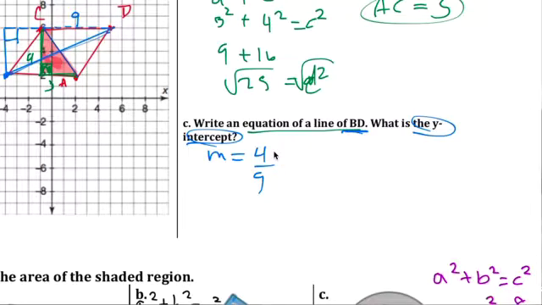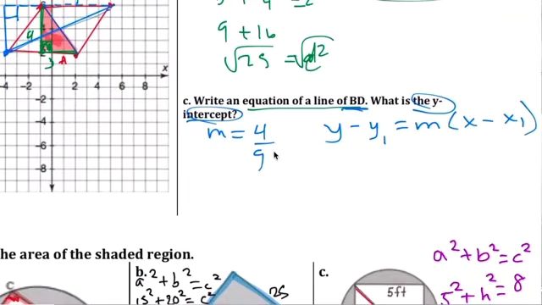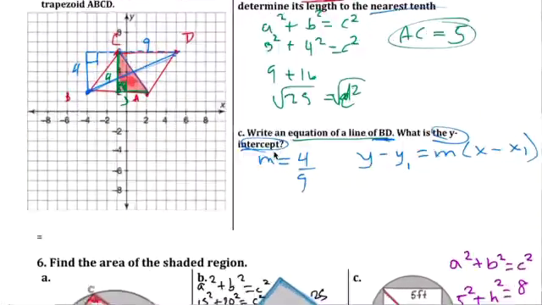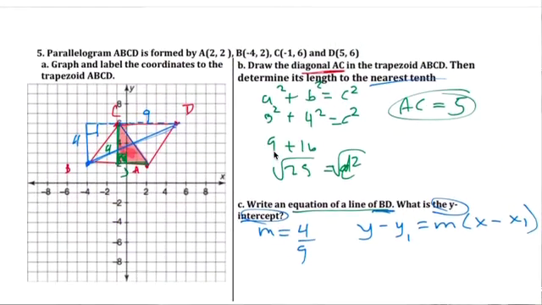So you use y minus y sub 1 equals m times (x minus x sub 1) to find b. I'm going to use B or D. B is (-4, 2), my slope is 4 over 9.